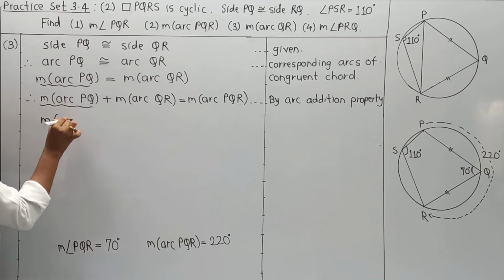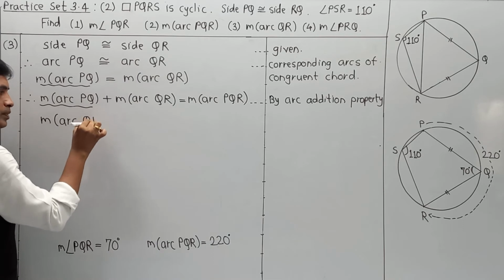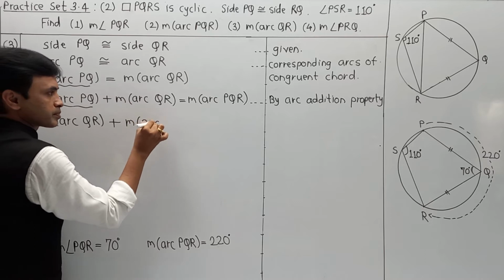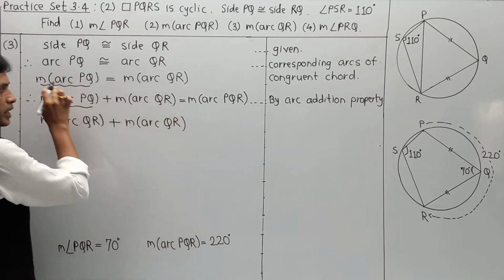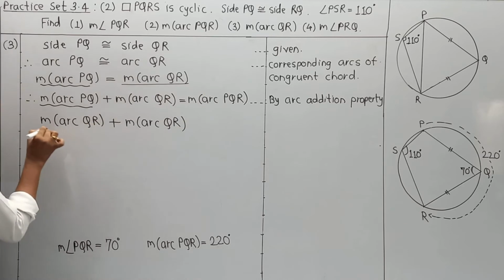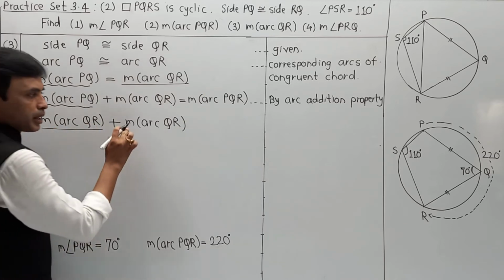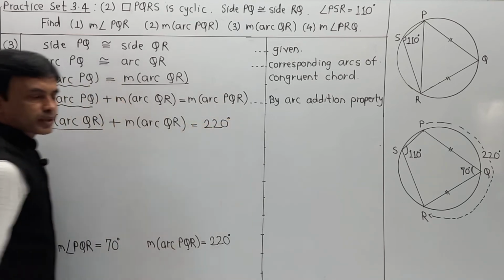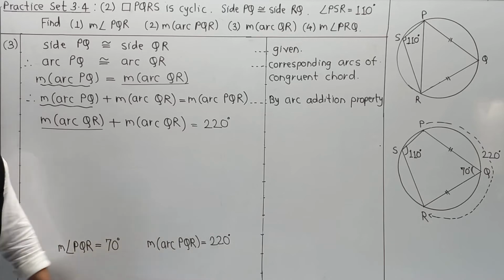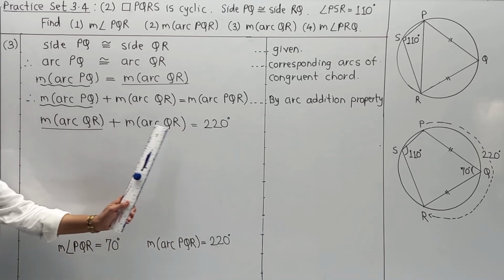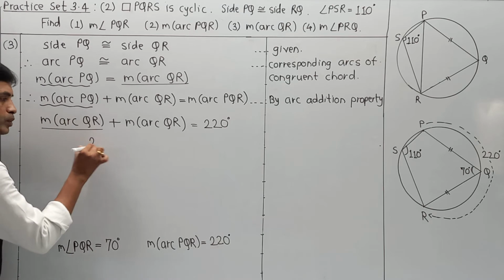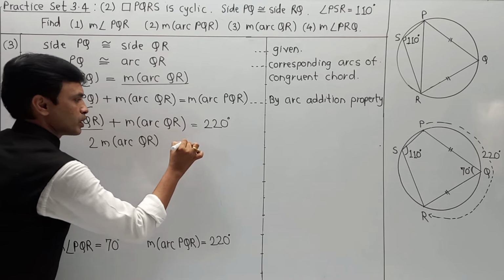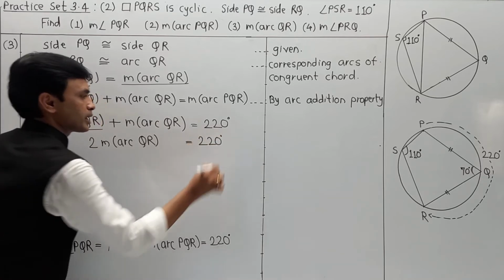Therefore, major arc QR plus major arc QR. We are replacing this over here. So this value comes over here. Major arc PQR is equal to 220 degree, that we have already calculated over here in the part 2. Now major arc QR plus major arc QR, it becomes 2 times major arc QR is equal to 220 degree.